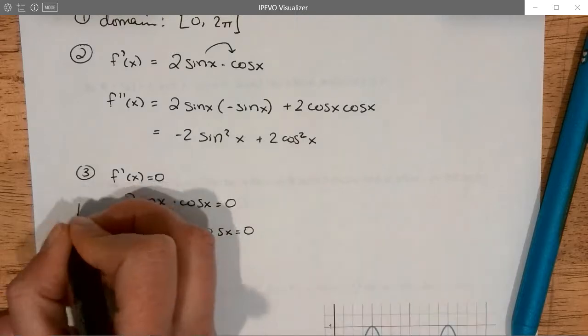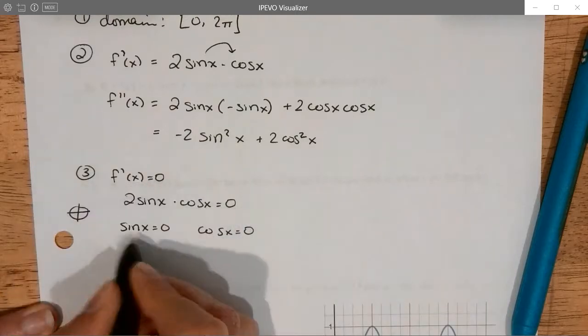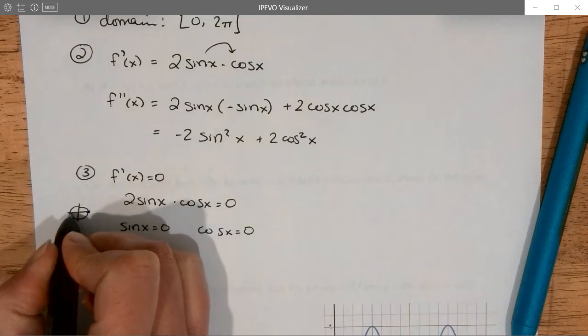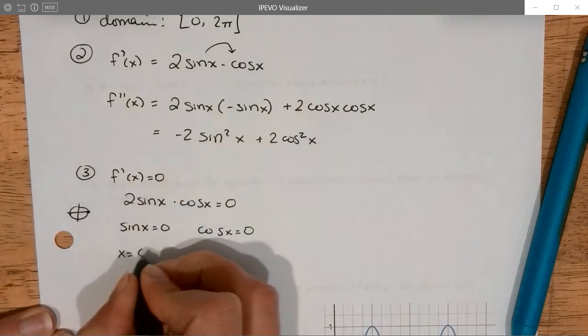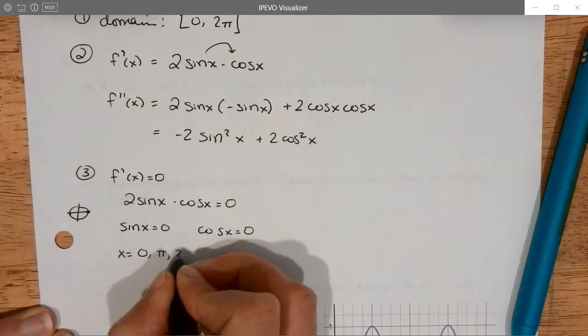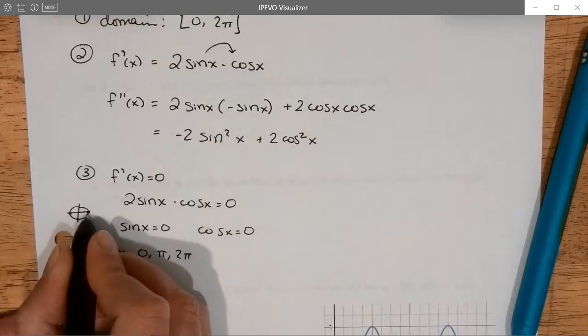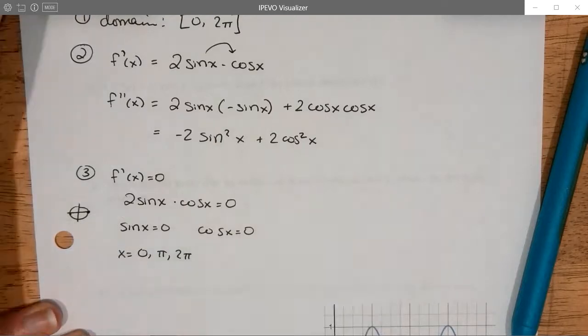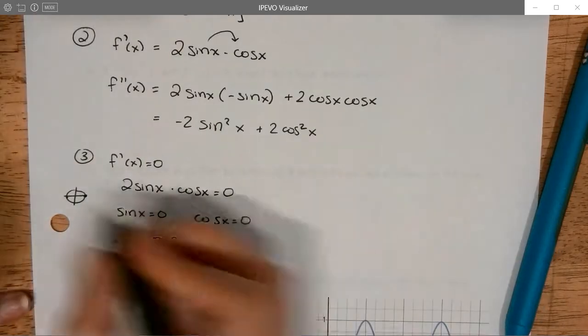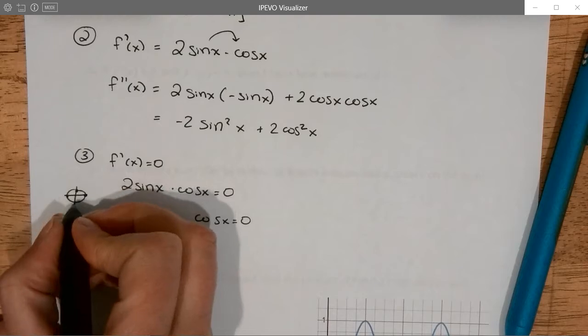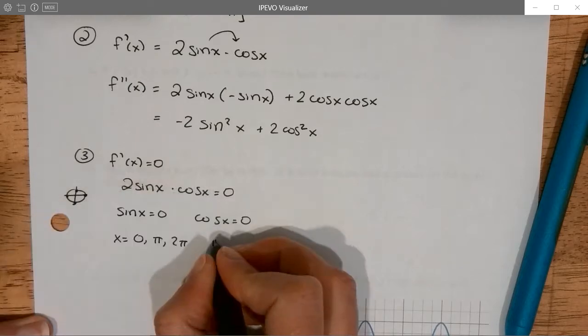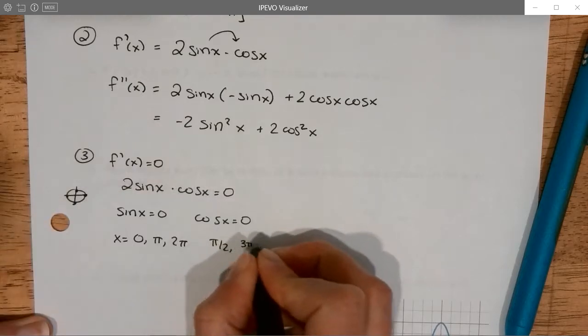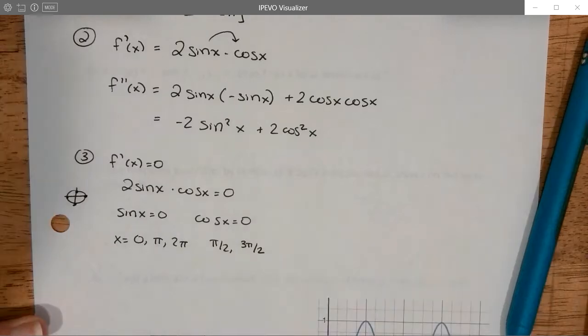And on a unit circle, if sine of x is equal to 0, that's my y coordinate, so we're going to be equal at 0, pi, and 2 pi. We're going to go all the way back to 2 pi because the interval is closed. Then cosine of x is anywhere the x coordinate is equal to 0, so that's going to be at pi halves and 3 pi halves. So I've got a lot of critical values here.